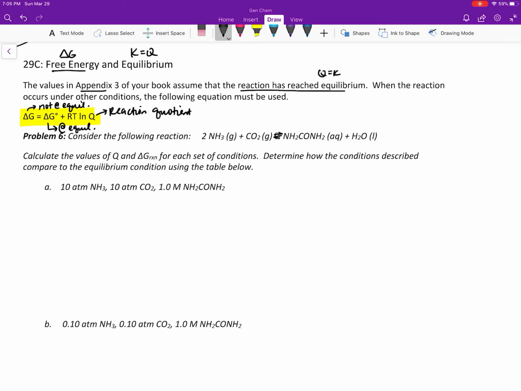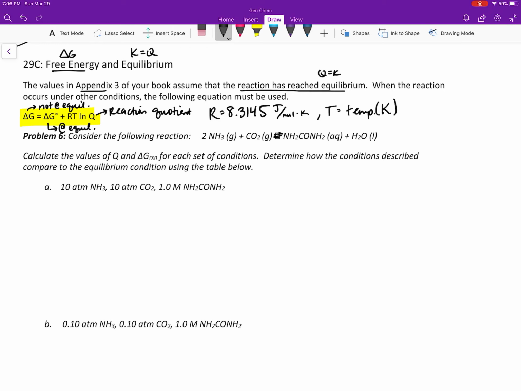R is going to be our ideal gas constant, 8.3145, and T is going to be our temperature in Kelvin. Okay. All right, so let's practice some questions.